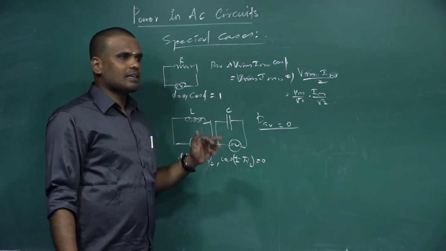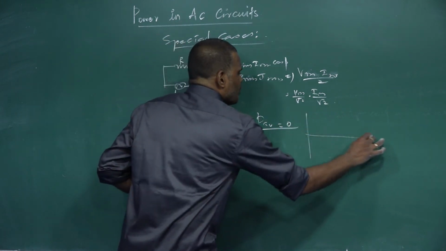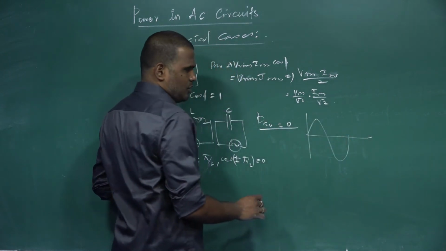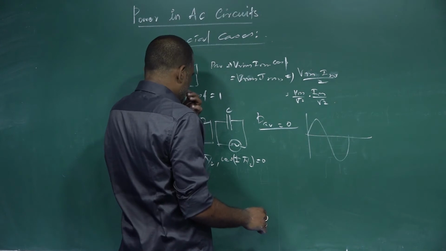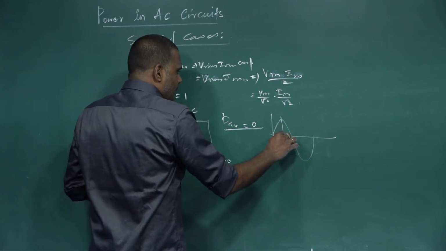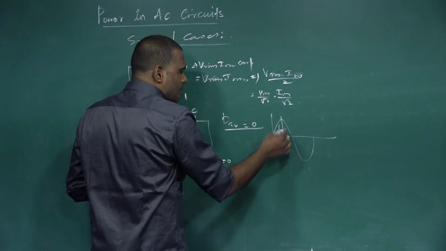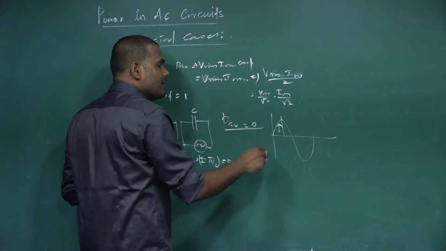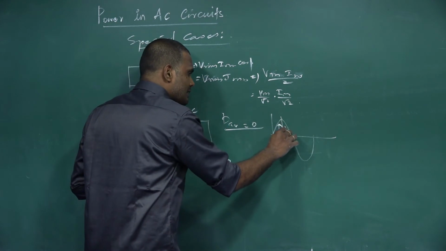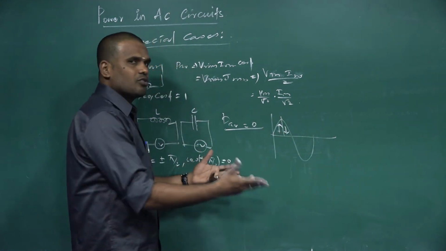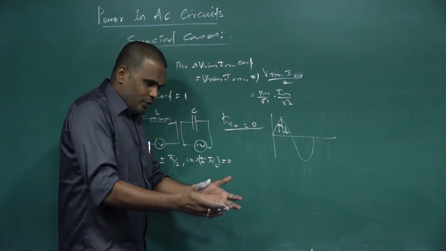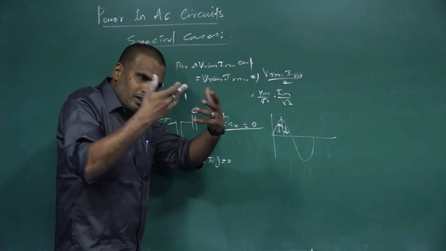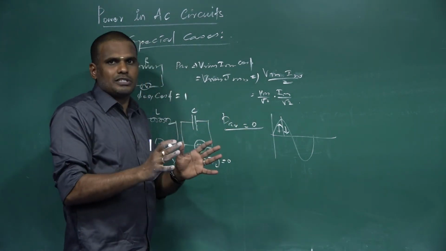What happens exactly here? If you consider a sinusoidal wave which represents the power, then the power consumed in a quarter cycle by the component will be given back to the source in the next quarter cycle. So you are getting the energy and then you are sending the energy back to the source itself.